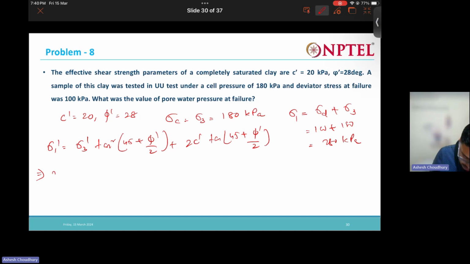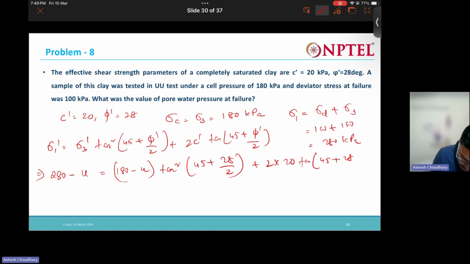So sigma 1 is 280, so 280 minus... All values you know except just you need to find out.